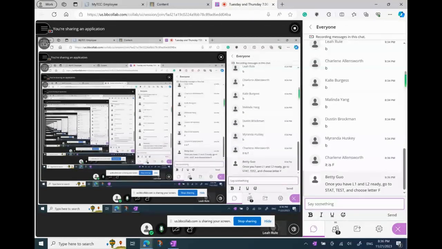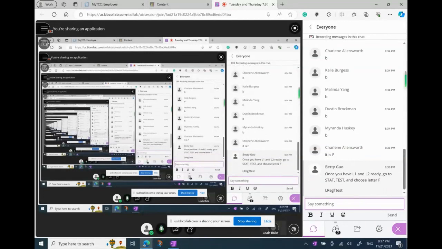The letter F is linear regression t-test. Okay, yeah, so that's the function or the test that we need to apply. So confirm linear regression t-test.